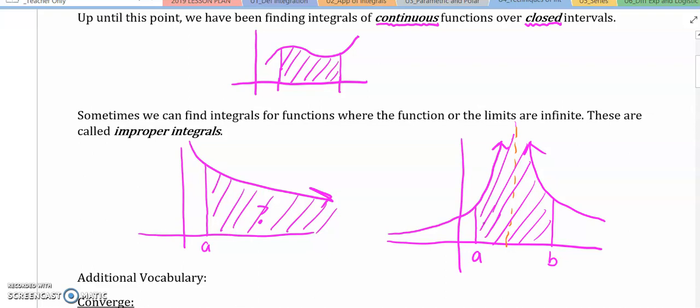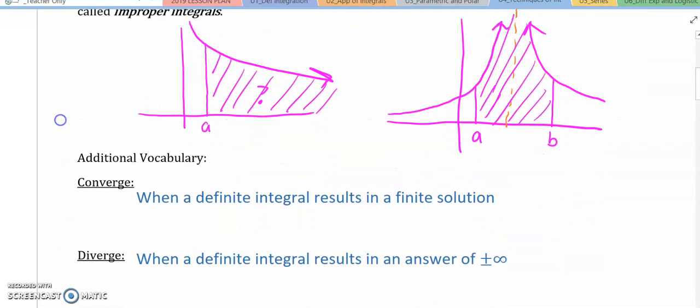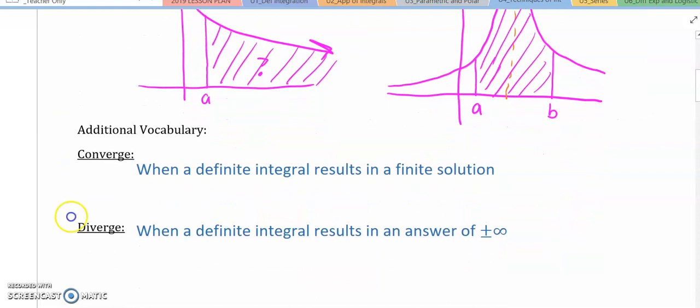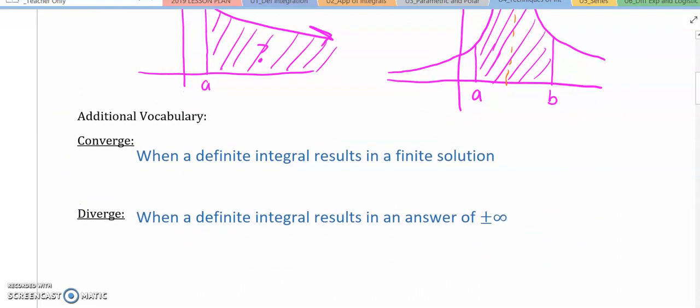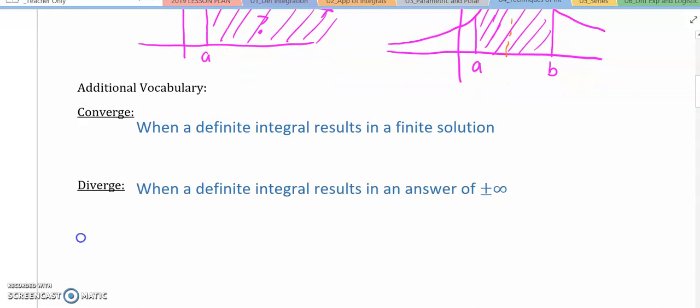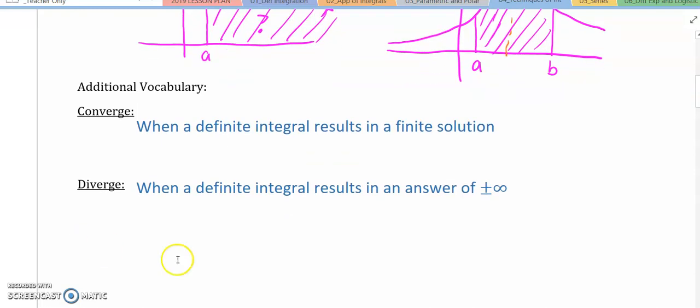Some terminology that we're going to use to help distinguish between the two is the words converge and diverge. These are really going to be important words as we dive into our series unit, which is our upcoming unit and last major topic for the BC exam. Converge is the terminology we use when a definite integral results in a finite solution.